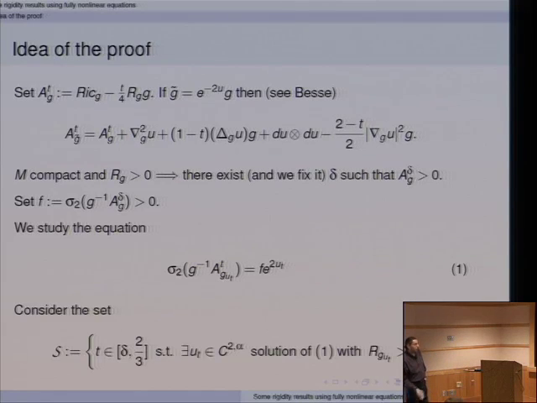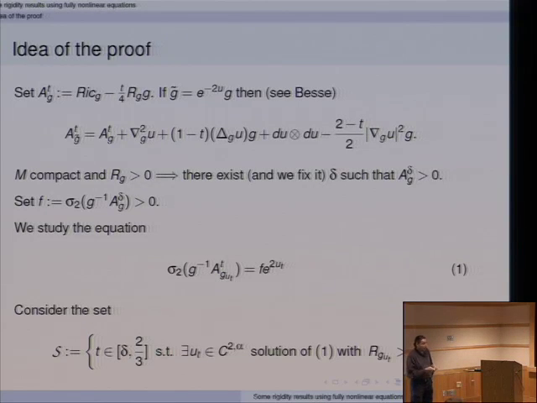So you consider this set S, which is the set of all parameters t between delta and 2/3, such that you have a C^{2,alpha} solution to this equation, sigma 2 equal to f e to the 2u_t, but you ask for a solution having positive scalar curvature.